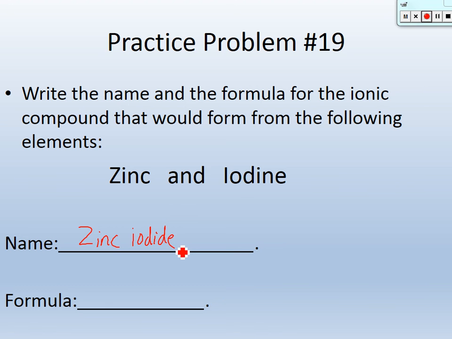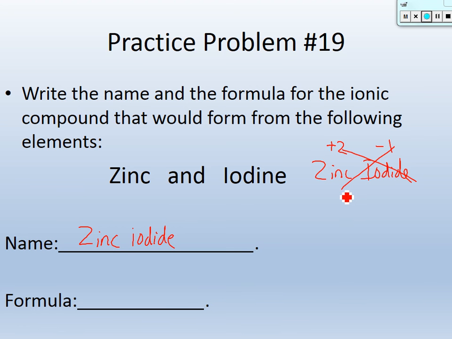Okay. Now let's get the formula. If the name is zinc iodide, what do I always write above the name? The charge. What's the charge of zinc? Always a +2. What's the charge of iodine? -1. Let's crisscross it.